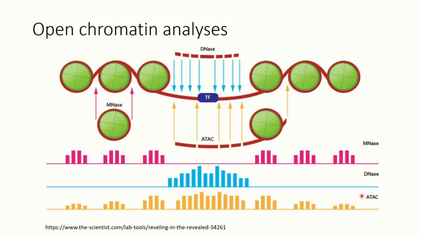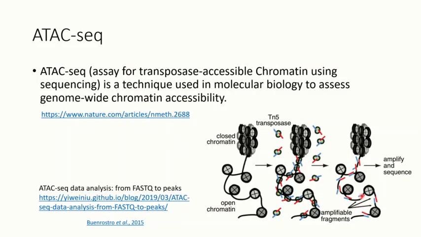Gradually, ATAC-seq has become the mainstream of open chromatin structure analysis. You can apply this and get genome-wide information, not only for any given transcription factor, but just the global structure: this is open, this is closed, this is open, and you get that information very efficiently.